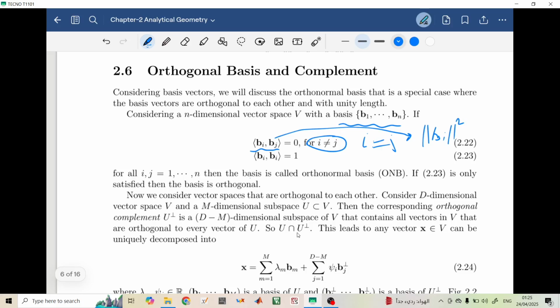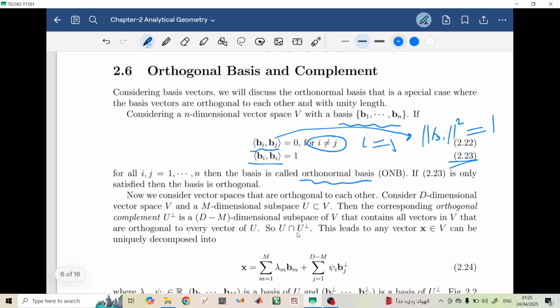Now if we apply another condition, saying that the norm squared equals 1, this means that the set of basis vectors will be called an orthonormal basis, and this is the same condition as 2.23.